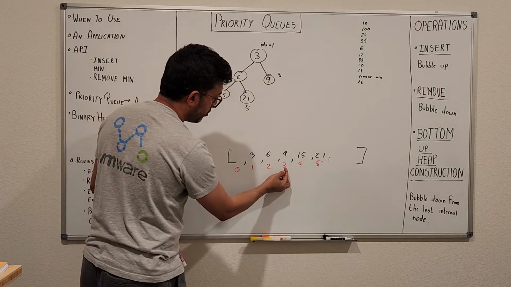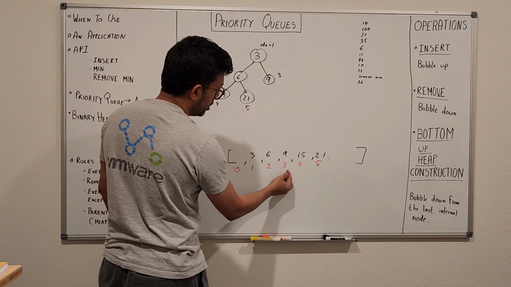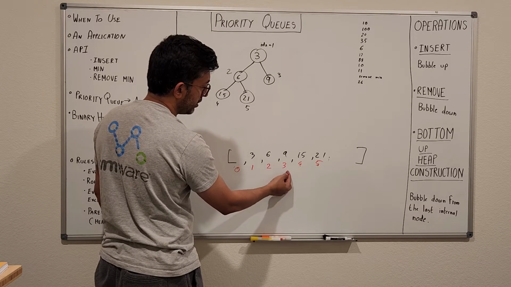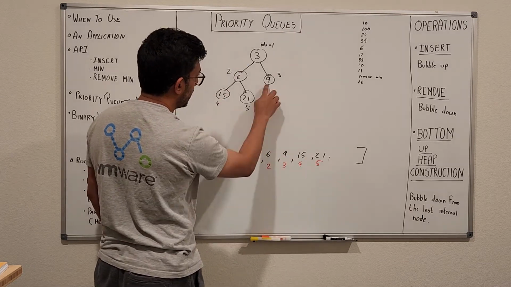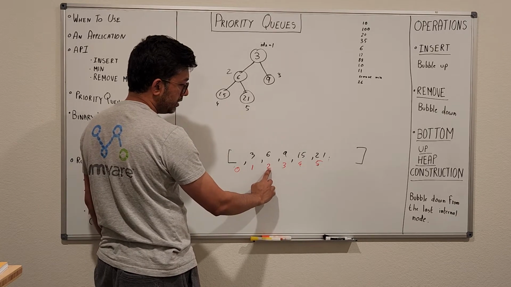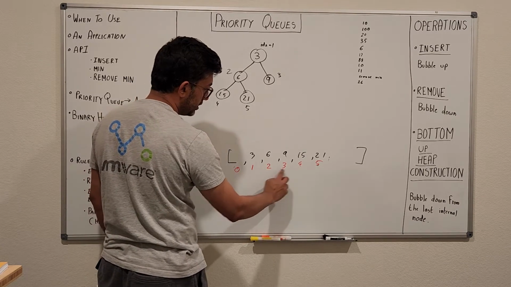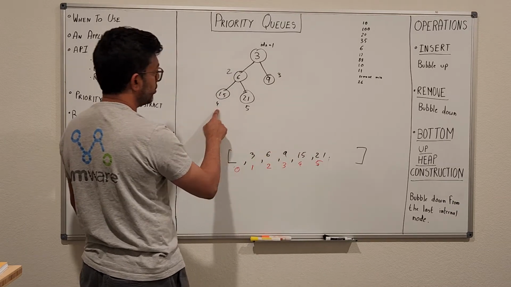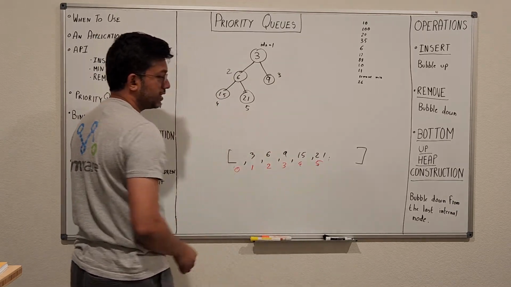Now suppose I want to find the children of 9. Its children are at 3 times 2, which is 6, and 6 plus 1, which is 7. Those are empty, so 9 has no children, which is correct. Now say 6. Its children are at 2 times 2, which is 4, plus 1, which is 5. So the children of 6 are 15 and 21. See? That's how you do it.